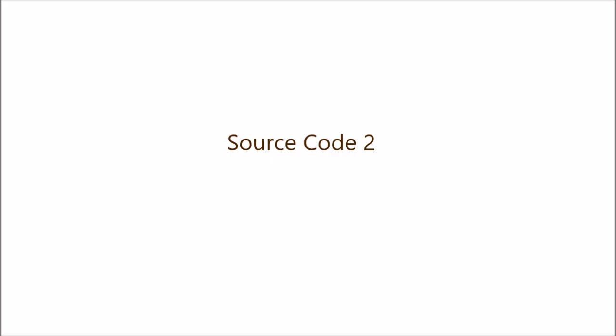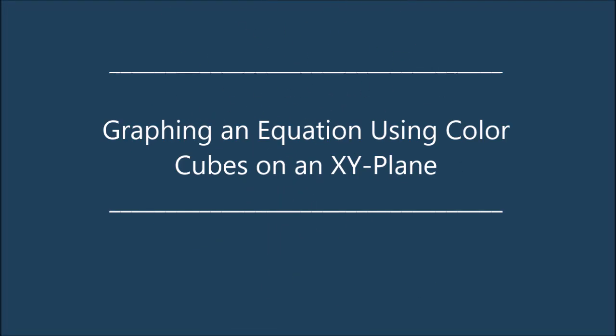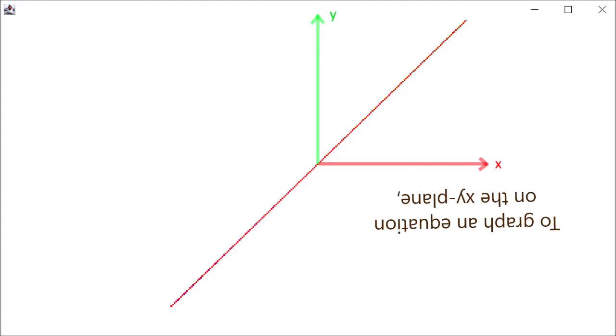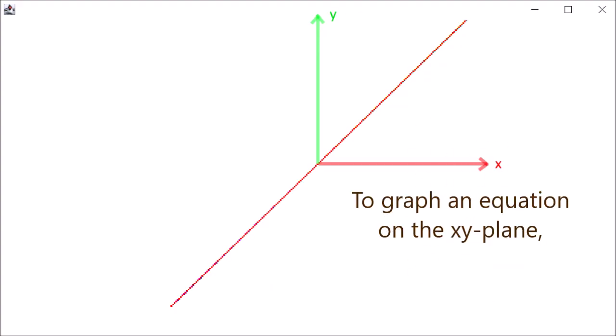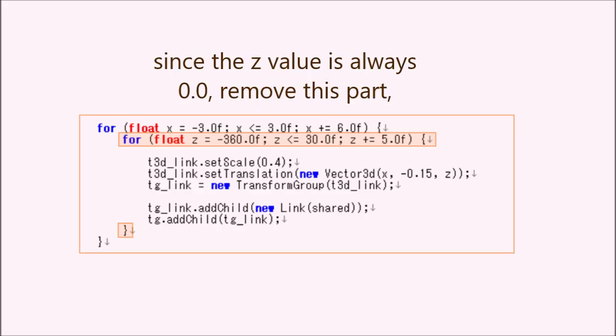Source code 2. Graphing an equation using color cubes on an XY plane. To graph an equation on the XY plane, since the z value is always 0.0, remove this part.